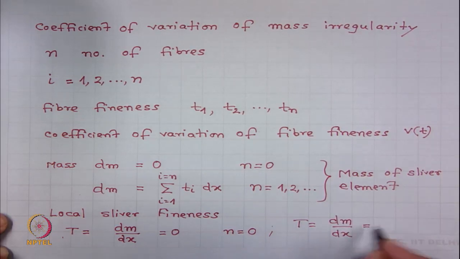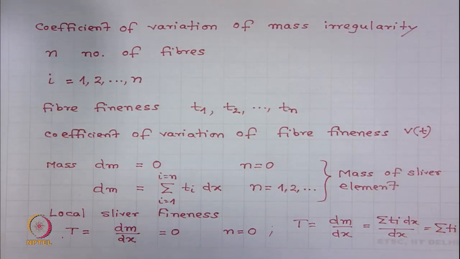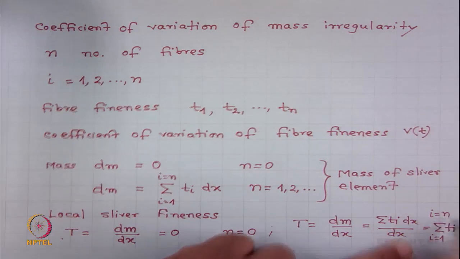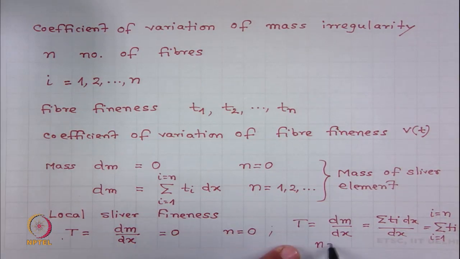What is dm? dm is T i into dx, divided by dx, that is equal to summation T i, because dx is constant, and the summation will vary from I is equal to 1 to I is equal to n, when n is equal to 1 and so on.